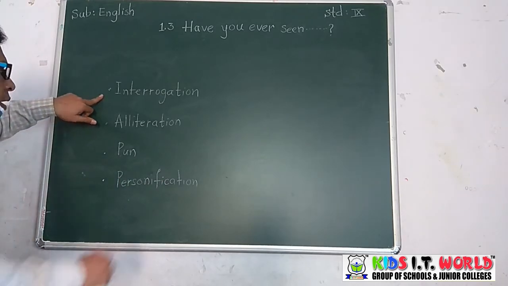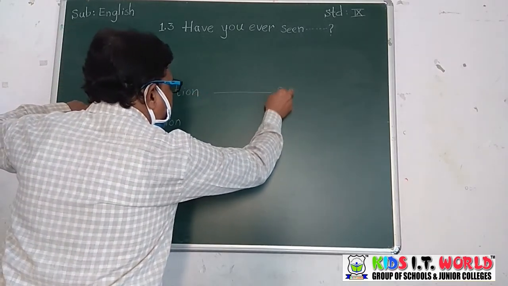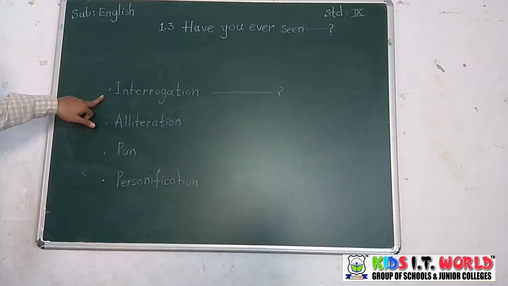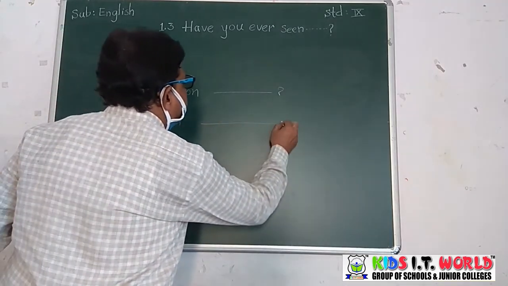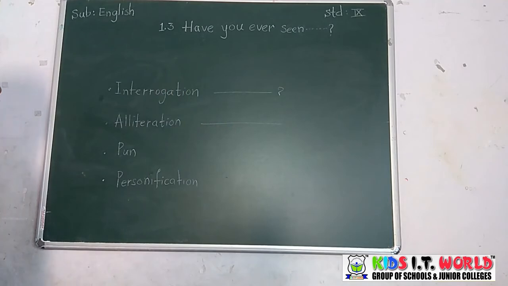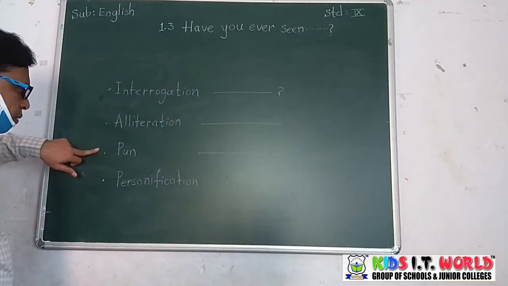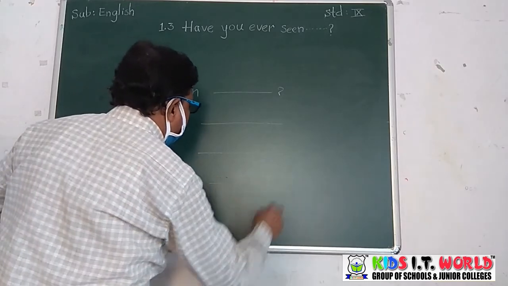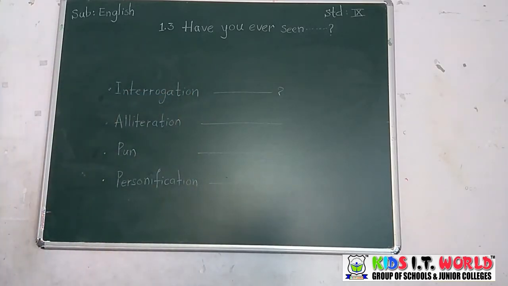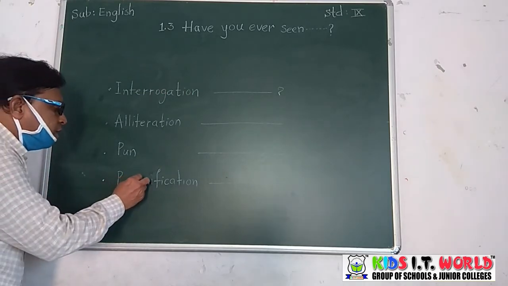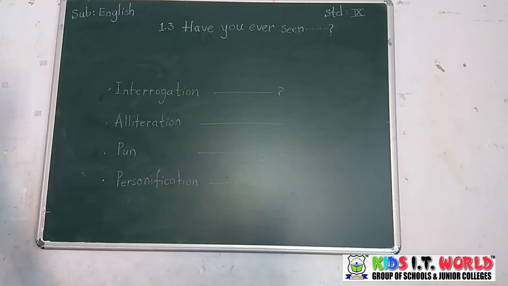Interrogation means having a question mark at the end, where a question is asked, but not to get the answer, just to put your point forcefully. That is called a rhetorical question. Alliteration: the sound of a consonant letter is repeated. Pun: the same word has two meanings at the same time. And personification: when a non-living thing is supposed to do a task just like a living being, it is called personification.